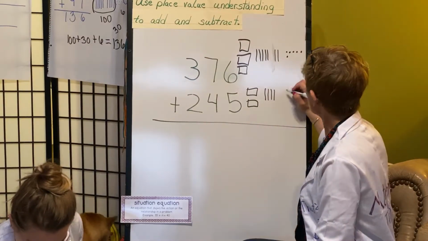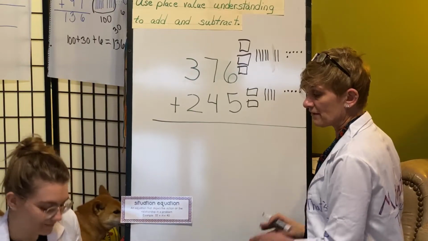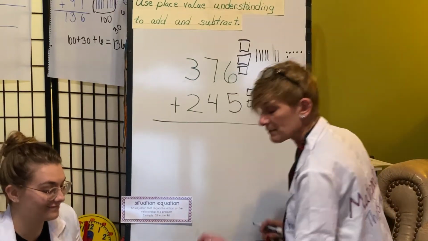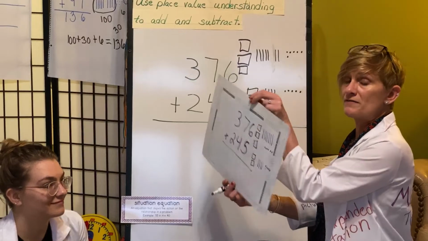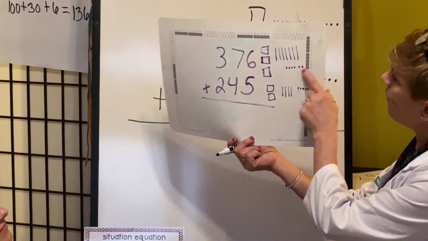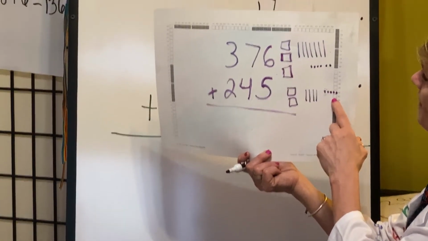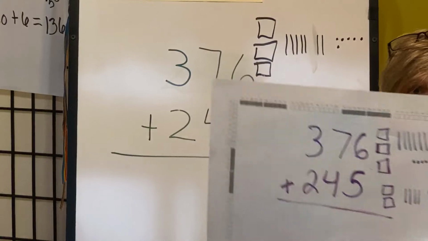And then my 5 extra ones. Now, Tony, did you make a visual? Awesome. Tony made her row of 6 right here. Looks like she's got 4 and then 2 more. That's fine. That's 6, and then she has her 5 here. So she has her visual also.